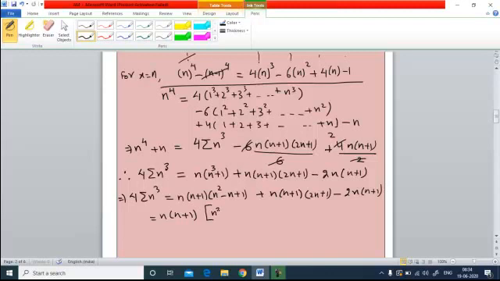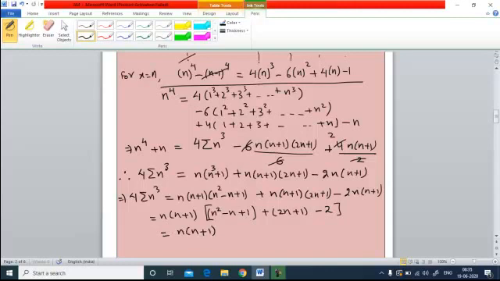Let us see what we are left with. This is n square minus n plus 1 from the first part, and from here we have already taken n into (n plus 1) common, so only 2n plus 1 is left. What about the later part? You can see we are only left with 2 here, so minus 2. Simplify all these and see if anything can be cancelled out.